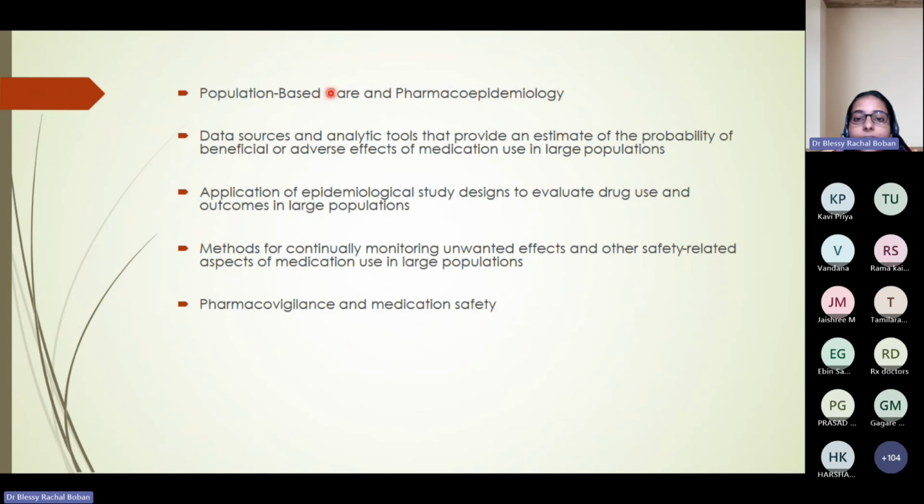And population-based pharmacoepidemiology related questions you can expect, especially study design questions. What is cohort? What is case control? What is the difference between cohort and case control? What is a cross-sectional study? Sometimes they will give you a question like, there is a journal published and it consists of a case study on a single patient.